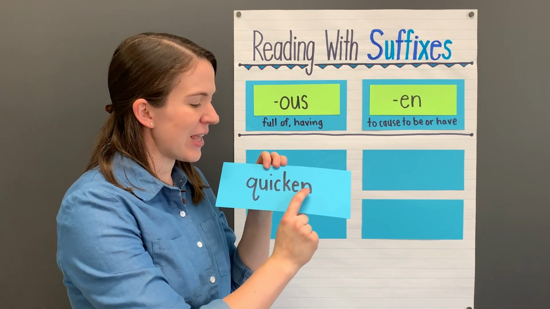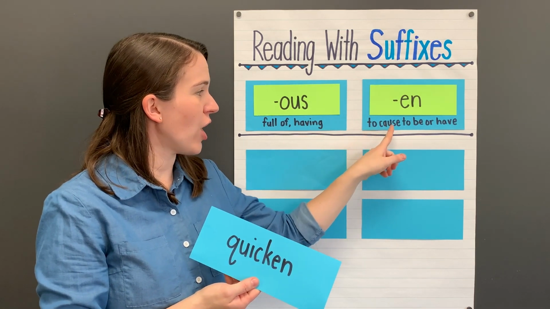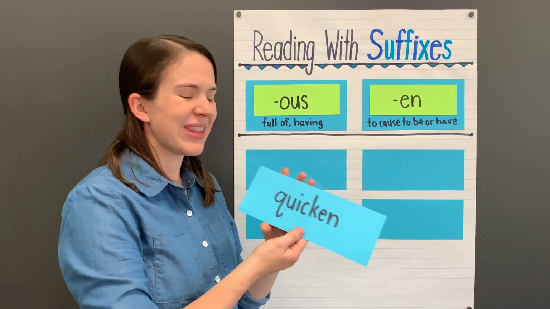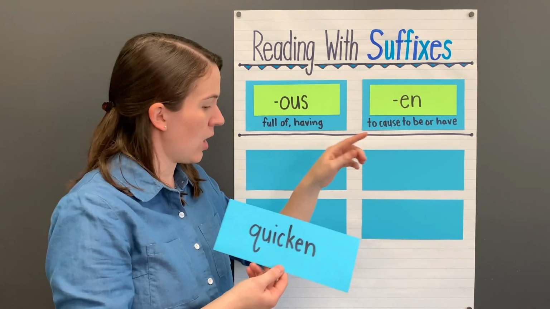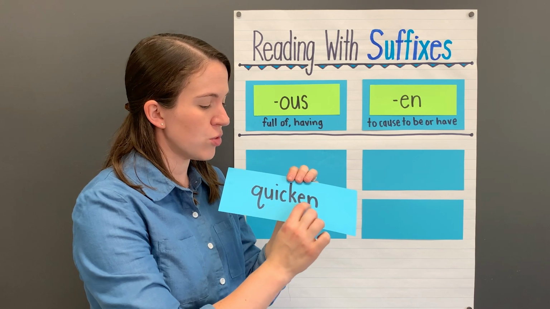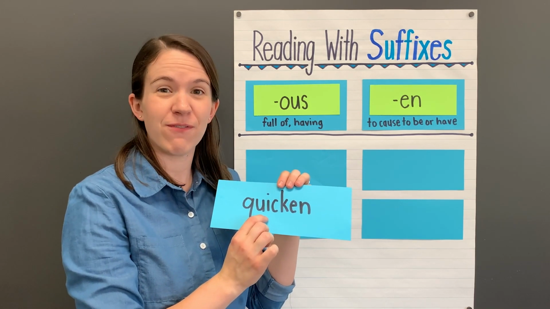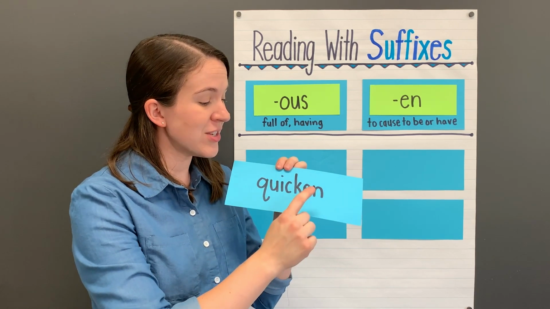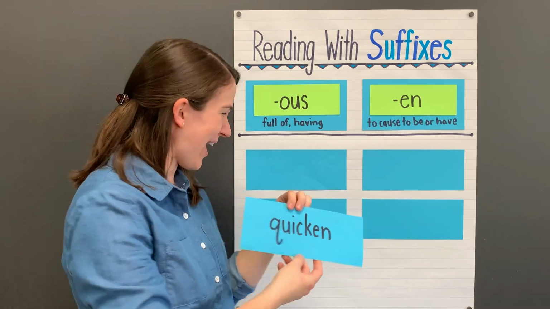I see the en suffix, which means to cause, to be, or have. Let's test this word to see what it means based on the suffix. To cause, to be, quick. We know that quick means fast, so quicken means to cause something to be quick or fast.